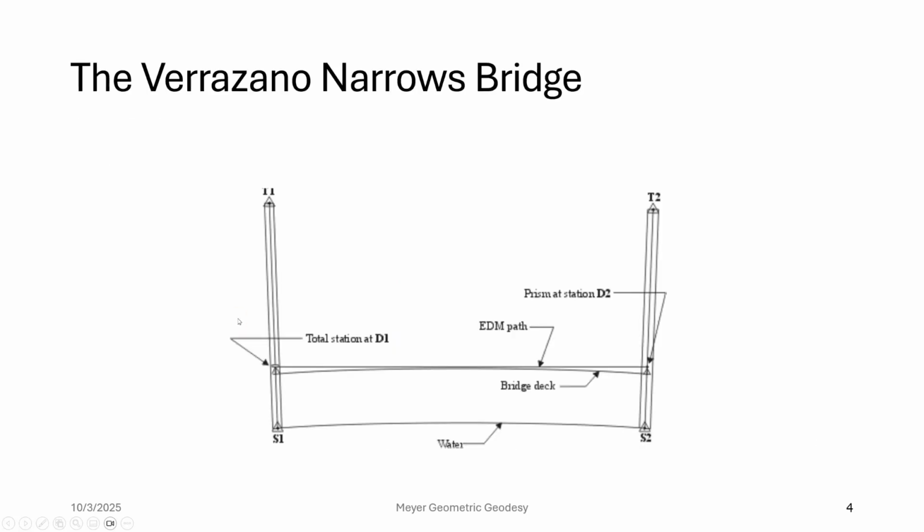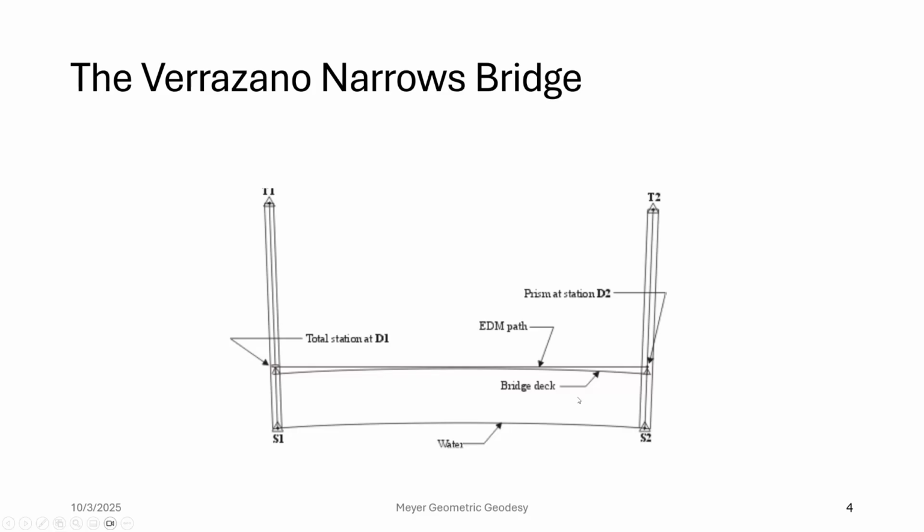If we were to set a total station up on the deck of the bridge, say over here on the left side, and then put a prism at the same height over on the right side, if the total station was set up high enough so that we get above the camber of the bridge deck, then we get a straight line distance from the total station to the prism.